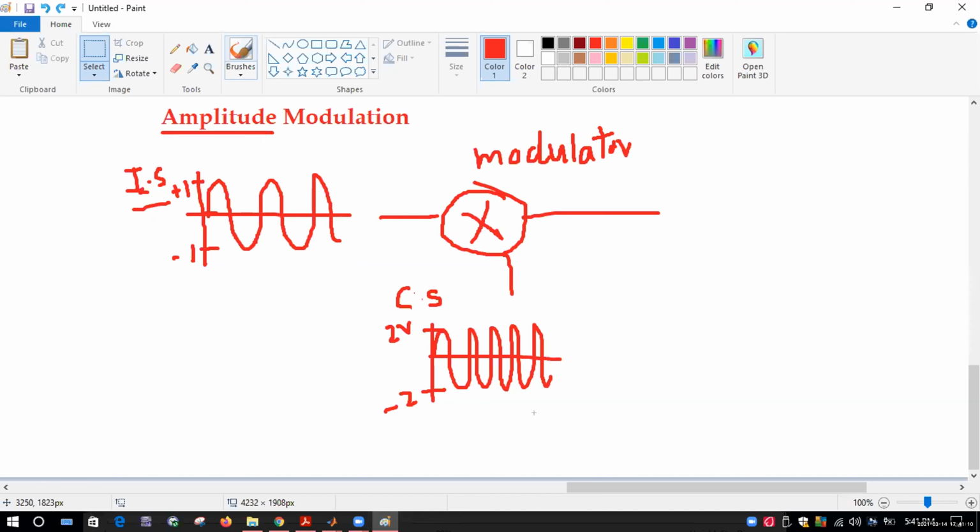All the labs will have the same concept, but sometimes we may use amplitude modulation double sideband, amplitude modulation single sideband, or we may use frequency modulation. But the modulator and the mixing is almost the same. Okay, the concept is the same, the background is the same.